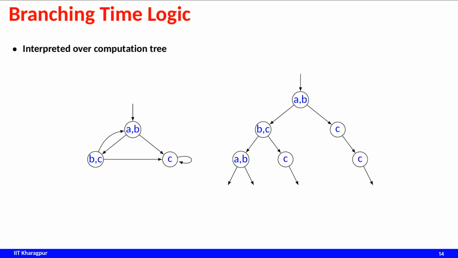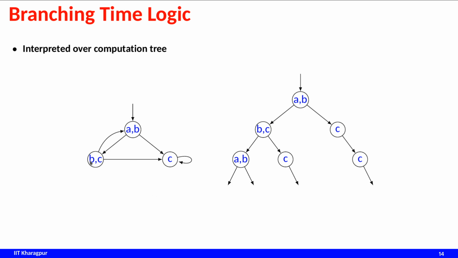So this way we can model the stuff. Now when I have a Kripke structure, it is interpreted over a model, and this model can unfold. When we unfold the model, it generates a tree, and on that computation tree we would like to see whether this property holds or not.